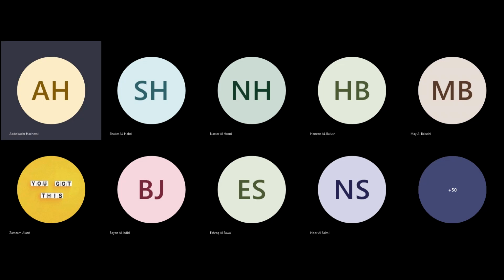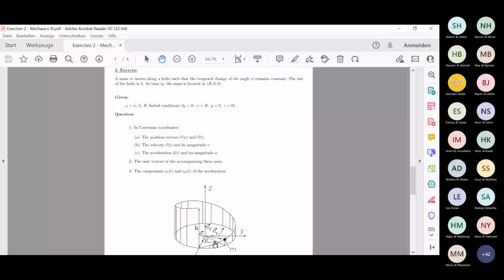We see how to proceed when we have the Cartesian system X, Y, Z, and if we use the cylindrical coordinate system with the angle xi, it's only a matter of notation. We can replace it by phi. And what we have here is the mass m along a helix such that the temporal change of the angle xi remains constant.